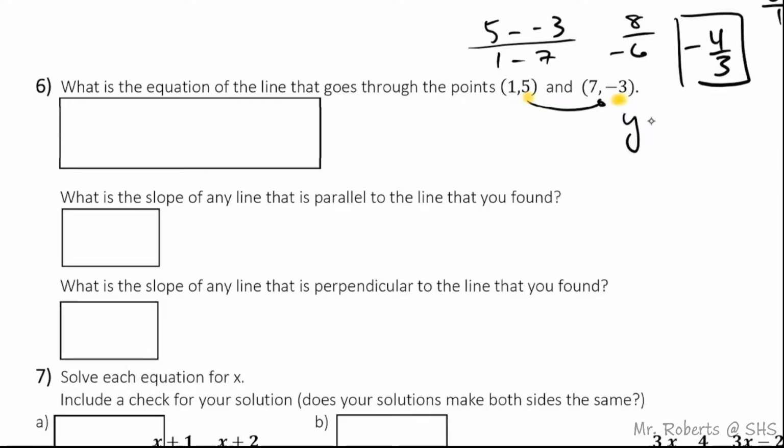So I'm just going to sub things into y equals mx plus b. And I'll just arbitrarily pick this first point. So I'm going to use the (1, 5). So I'm going to write 5 for y in that first point. My slope is negative 4/3, and my x value is 1, plus b.